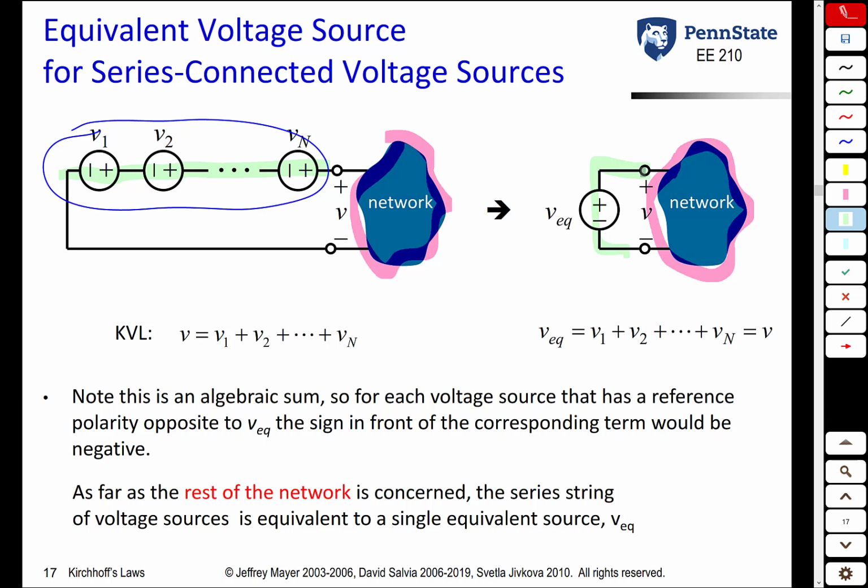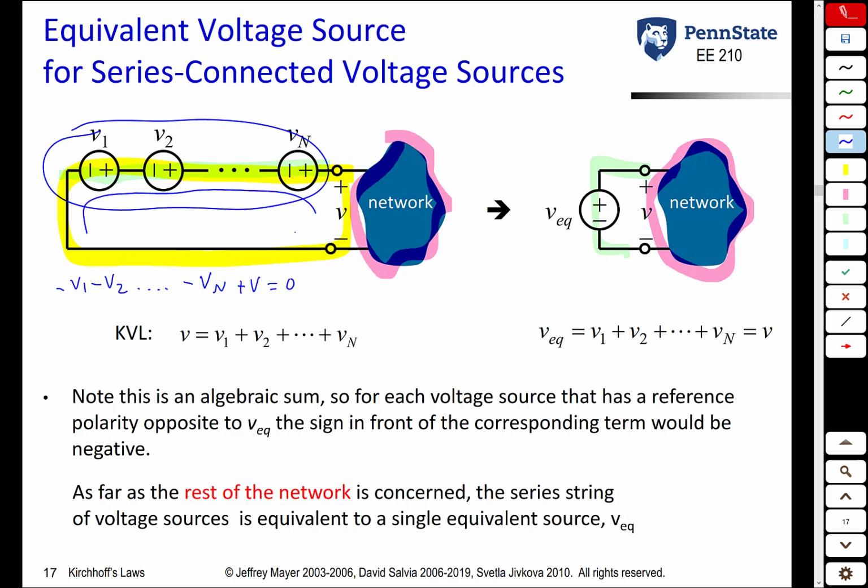Turns out that this equivalent single source has the same value as the algebraic sum of the individual sources. You can get that result by doing KVL along that loop. You get minus V1 minus V2 minus Vn plus V is equal to 0.